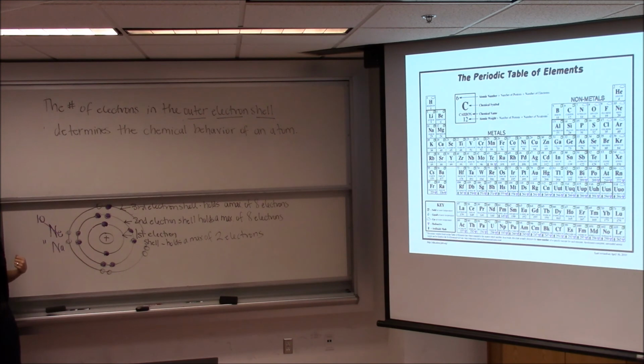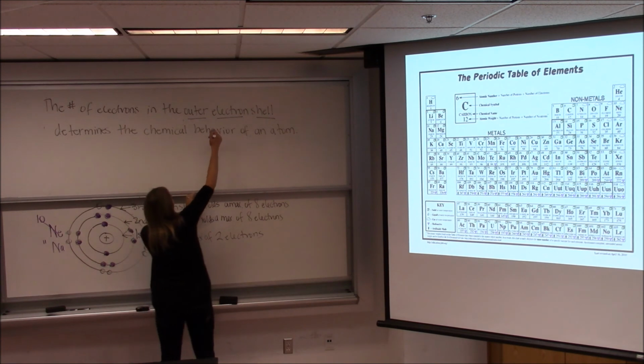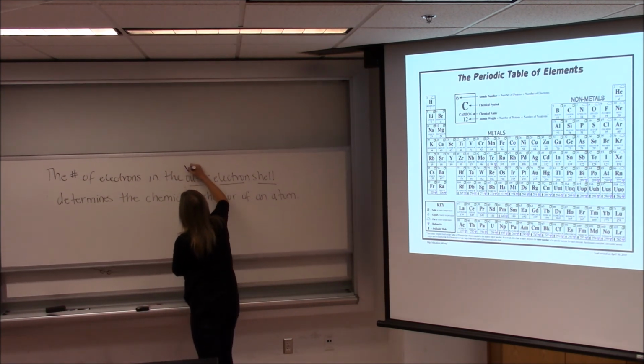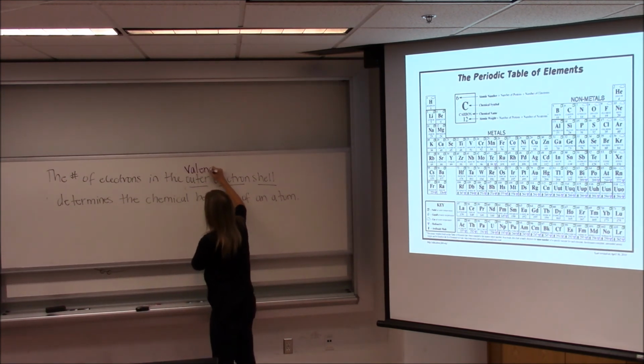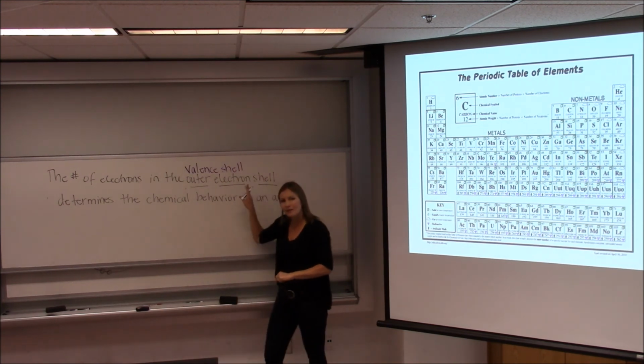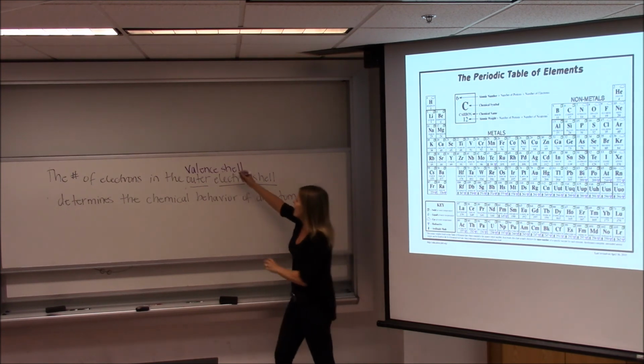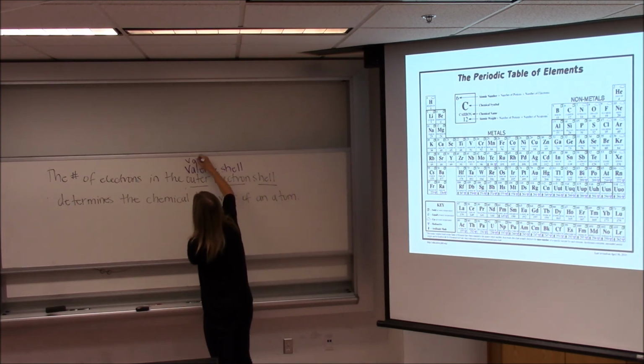So for sodium, how many electrons does sodium have in its outer electron shell? It has 1. Another term for that outer electron shell is valence shell. Those terms are used interchangeably. Valence shell means the same thing as outer electron shell. And the electrons in that shell are called the valence electrons.